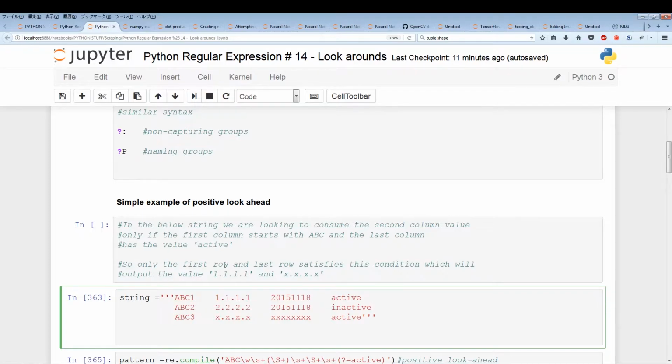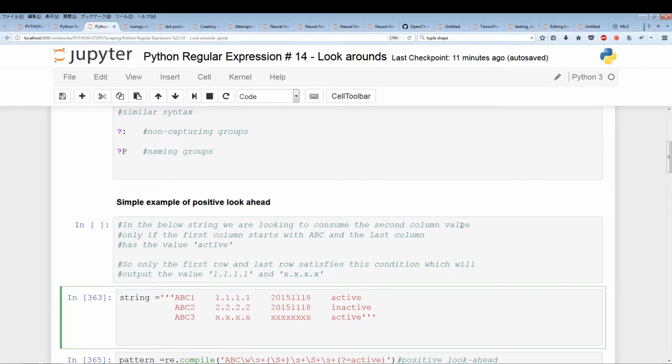If we look at the first and last columns, only the first and third rows satisfy our criteria. So we should be outputting 1111 and XXXXX.